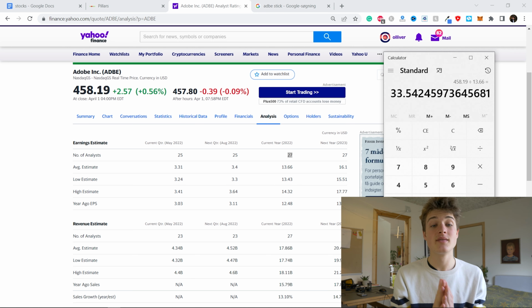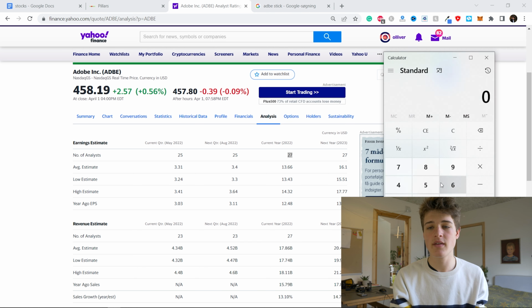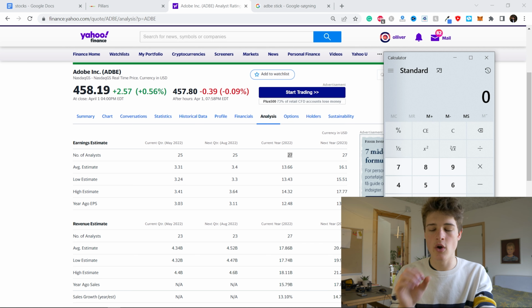So if they stay, and if they even fall a bit, like I suspect they're going to, because they are overvalued at the moment for my assumptions, if they do these estimates, they could already be a buy maybe at the end of 2022. Let's say they keep that price to earnings ratio of around 33, 35, which I'm much more comfortable buying at.